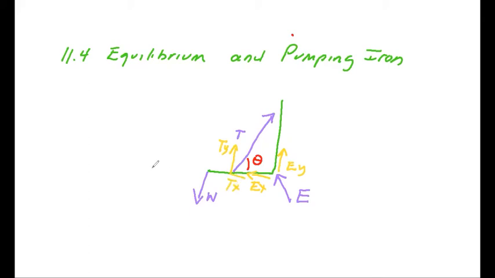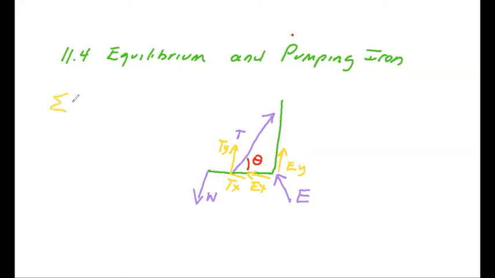Okay, so to find T, we're going to take the torques about the elbow. The torque about the elbow doesn't contain this force, right? Because this force acts right at the point of rotation. So let's go ahead and do that.